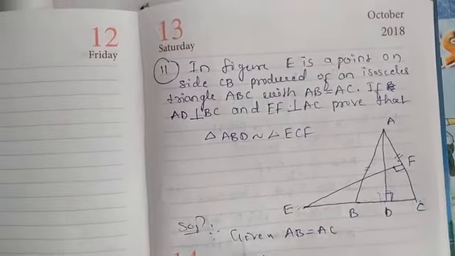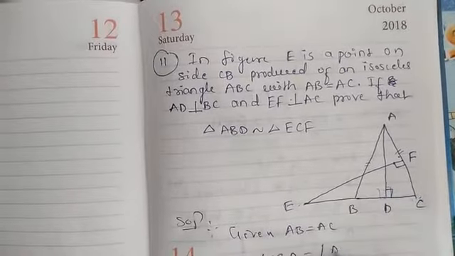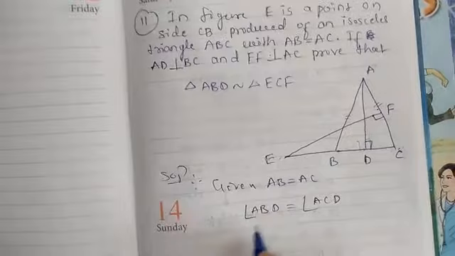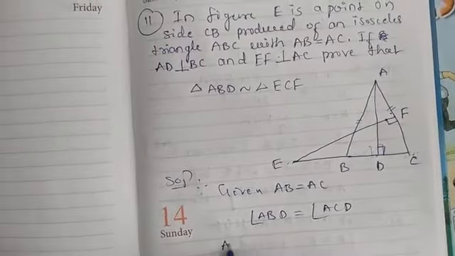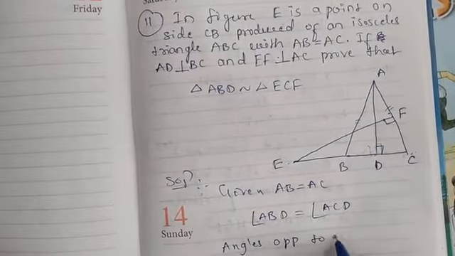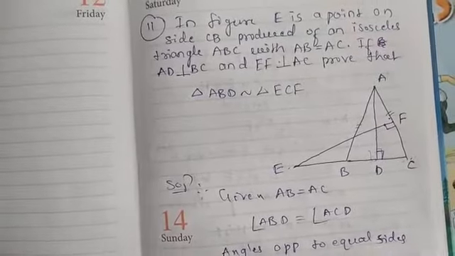So angle ABD is equal to angle ACD. Why? Angles opposite to equal sides are equal. Write the reason: angles opposite to equal sides are equal.